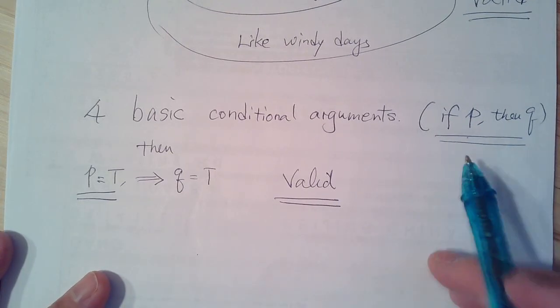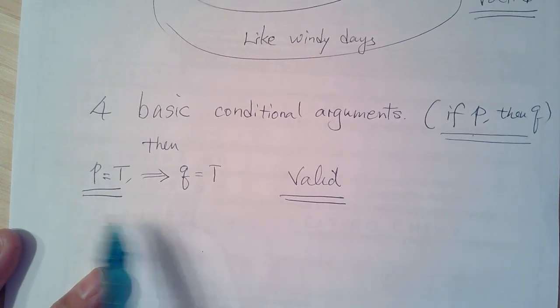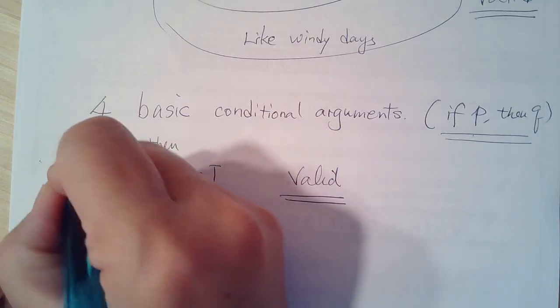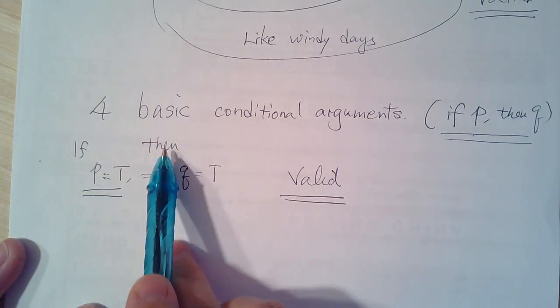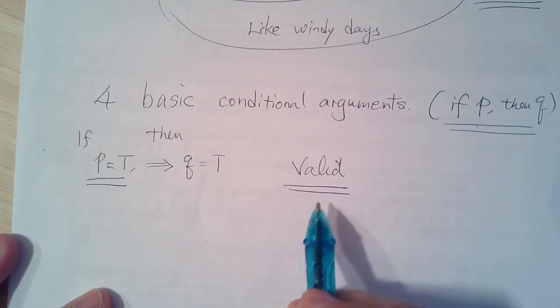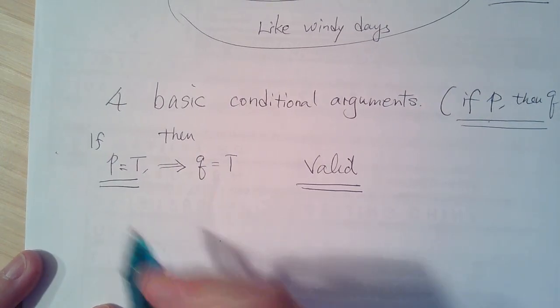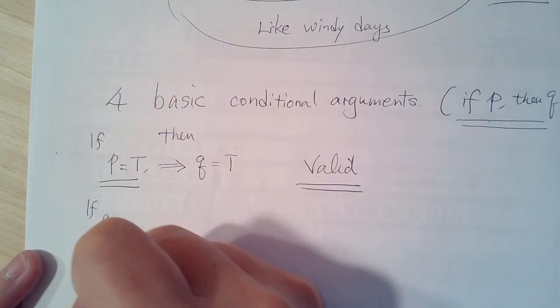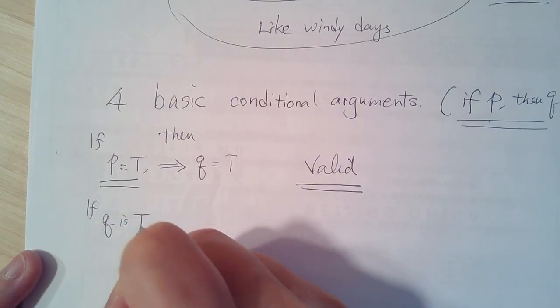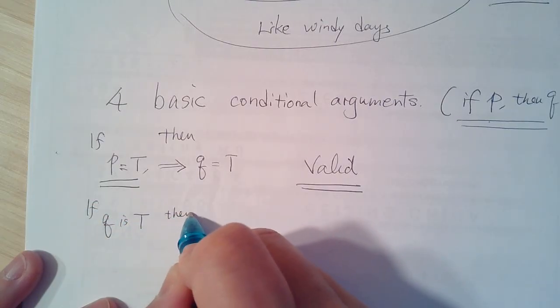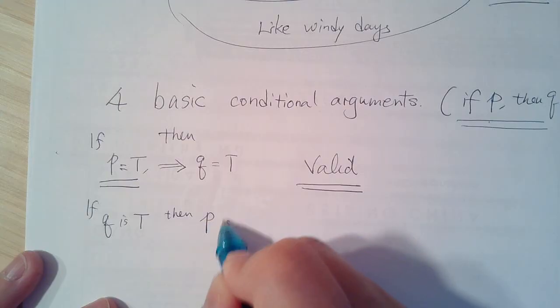Okay, now if P, then Q. If P is true, then Q is true. Then that is a valid statement, a valid argument. Okay, the next one. If Q is true, then P is true.